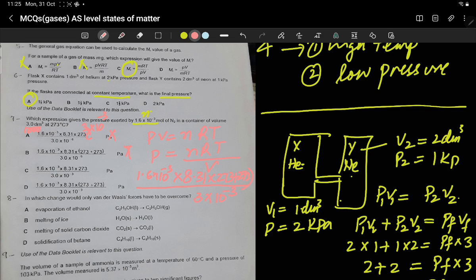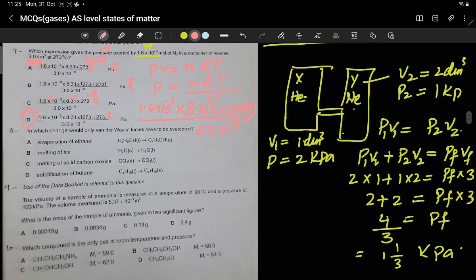Another has 1.6 × 10^-3 × 8.31, which is correct, but it is incorrect because the temperature is in degrees centigrade. The last has 1.6 × 10^-3 × 8.31 × (273 plus 273), so the temperature is in Kelvin. The volume is correctly shown as 3 × 10^-3. So D is the correct option.